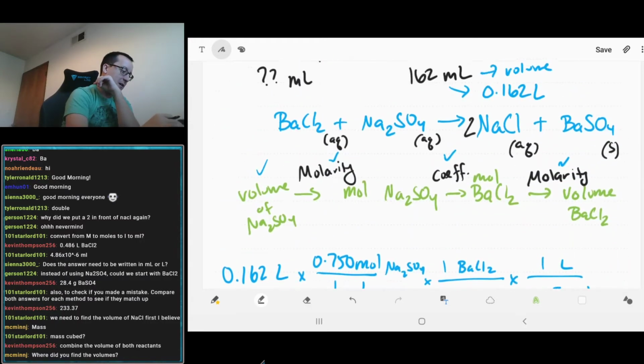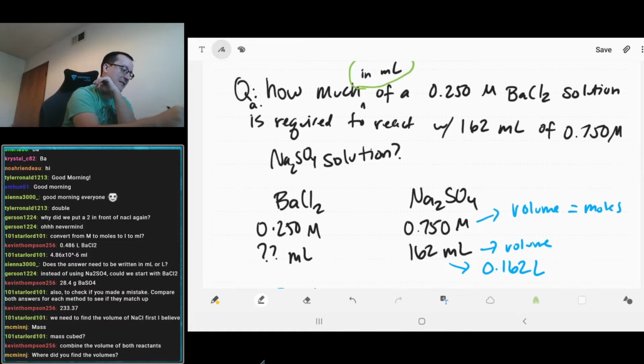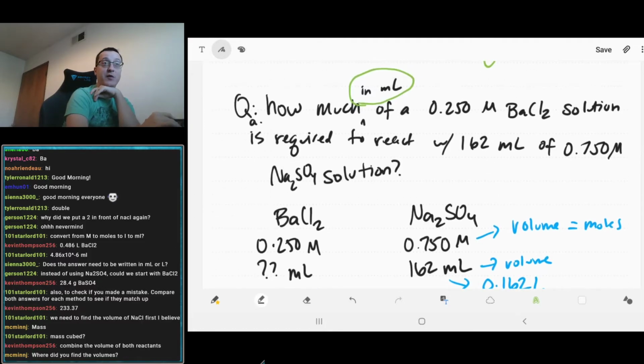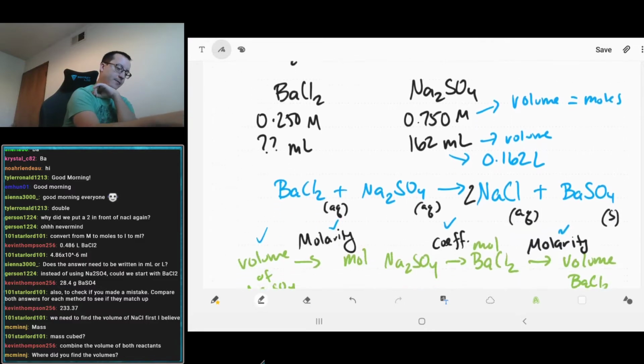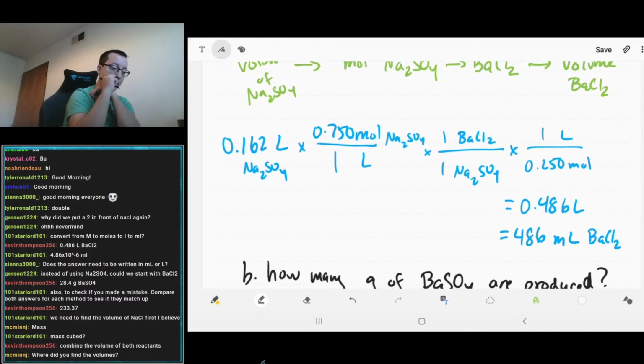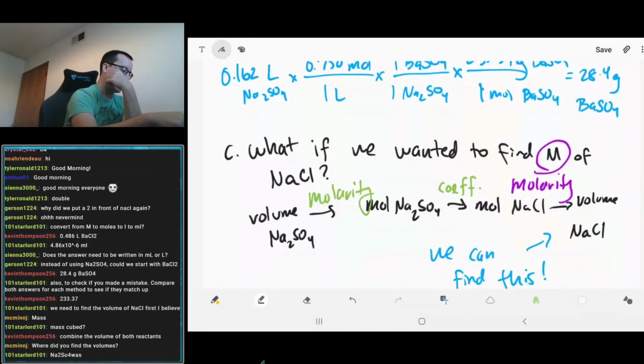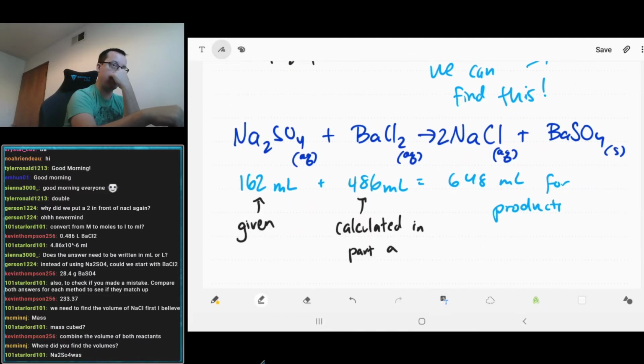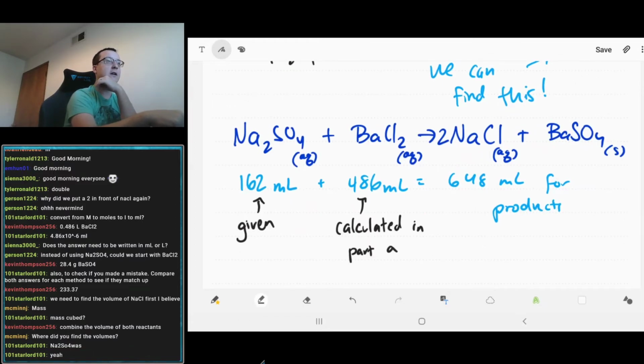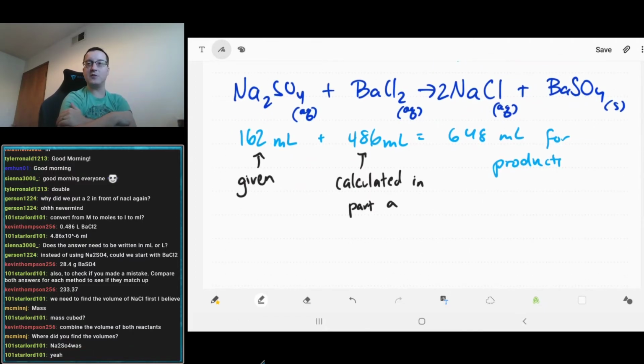So part A, where we're asked how many mLs of the other reactant we wanted, and we're given the volume of Na2SO4 already. So this answer here, the 486, is where that other one came from. Okay, yeah. So that's where these two numbers came from.